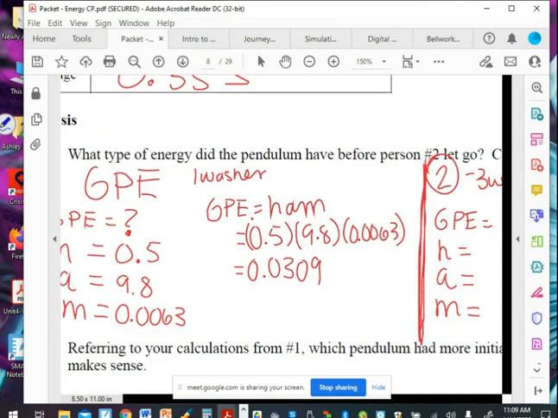Again, your calculation will differ because your mass might be slightly different. If your mass was exactly the same as mine, 6.3 grams, this is exactly how yours will look. The only thing I'm missing now is my units. And since I was calculating for GPE, my units are joules. So go ahead and put a circle or a box around it.